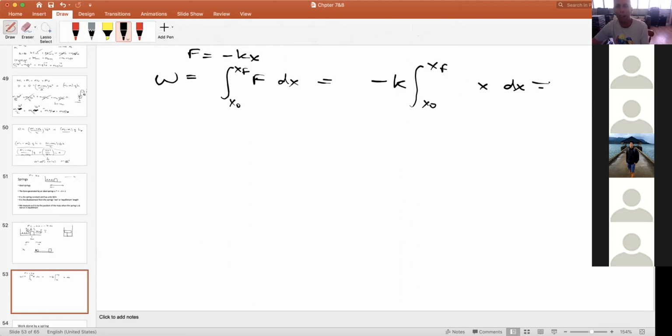So this ends up being negative kx squared over 2 from x initial to x final. Therefore, the work done is negative kx final squared over 2 plus kx initial squared over 2.